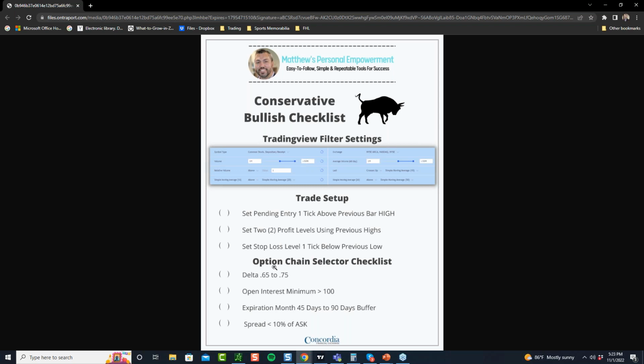But down here it says option chain selector checklist. This 4-step process is how we pick the option. It's what we use to pick the option. So all the work is done up top, finding the stock that's going to break out. Now, options are a derivative of the underlying stock.